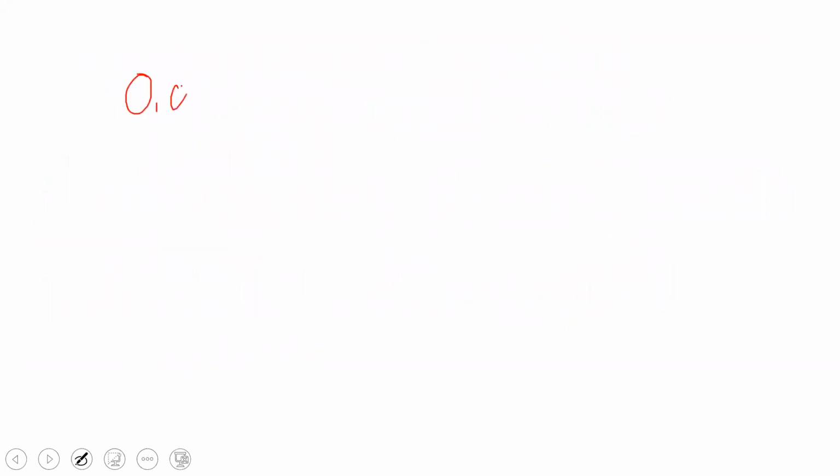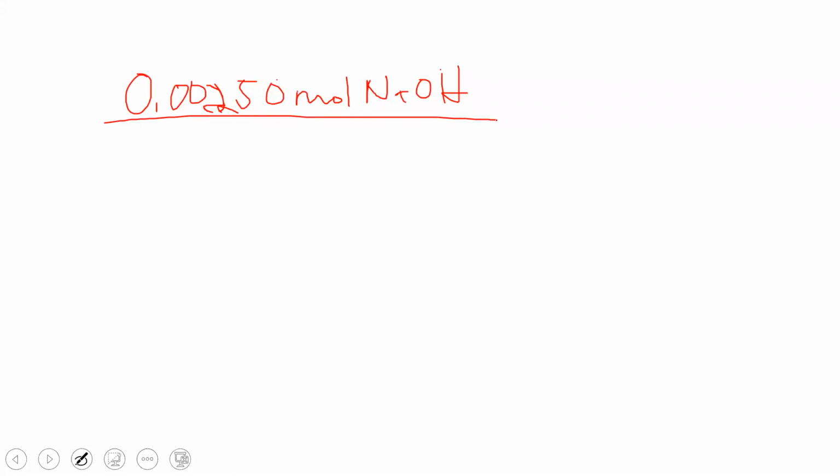So 0.00250 moles of NaOH. Divide that by the total volume, the initial 0.0500 liters, plus the added volume, 0.0750 liters.